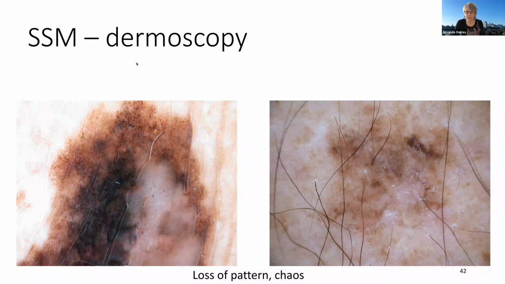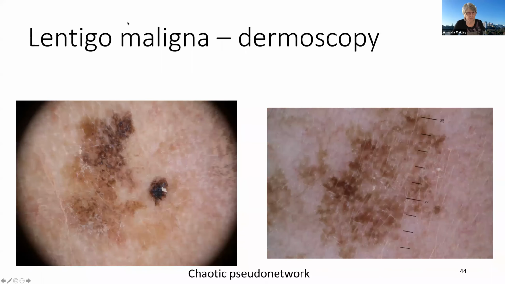We're not seeing multiple colors really until you look closely and notice that there's light brown, dark brown, gray, and hypopigmented areas. The dermoscopy of a lentigo maligna, which is a type of melanoma seen on the face, is unique and often shows a pseudo network, which is rather chaotic, thick and thin brown lines, and a variable type of edge.